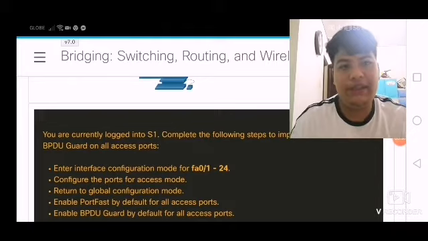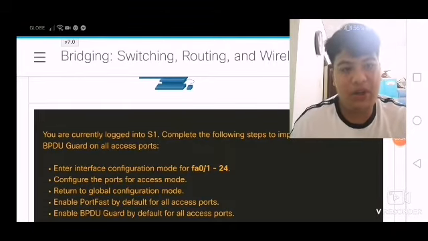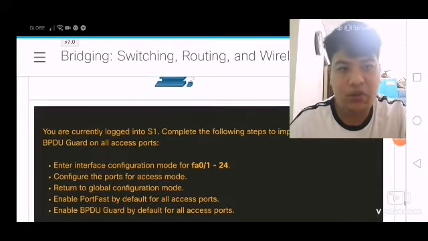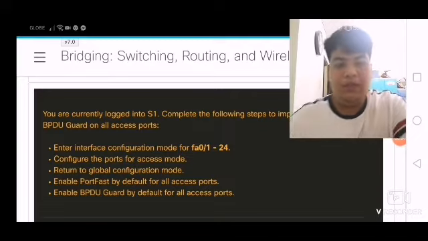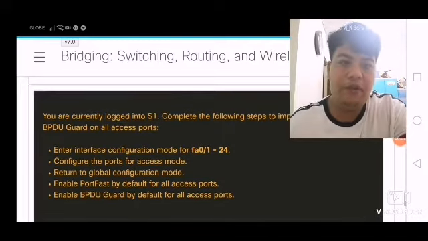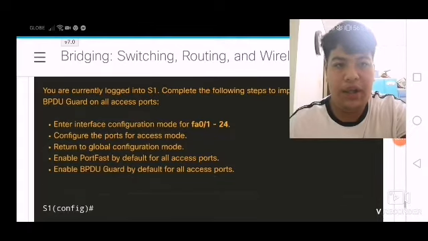Enter interface configuration mode for FA0/1-24. Configure the port for access mode. Return to global configuration mode. Enable PortFast by default for all access ports. Enable BPDU guard by default for all access ports.